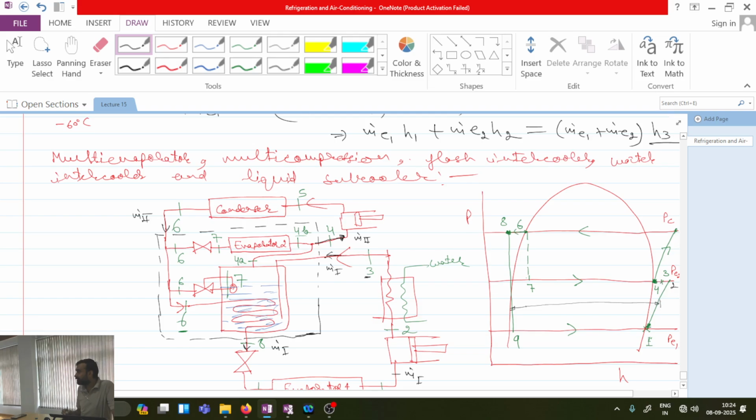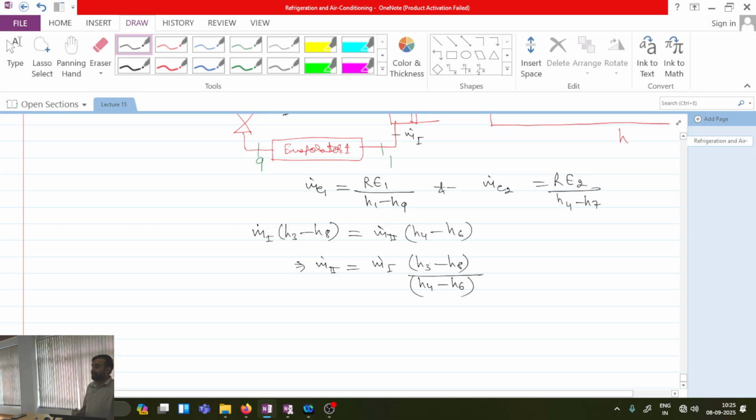This is point 3, this is point 8. And H4 minus H6, this is point 4, this is point 6. So now H3 minus H8 is greater than H4 minus H6. It means m dot 2 will be greater than m dot 1.